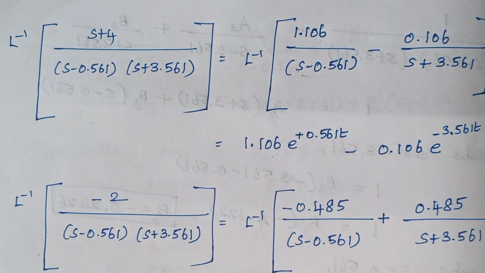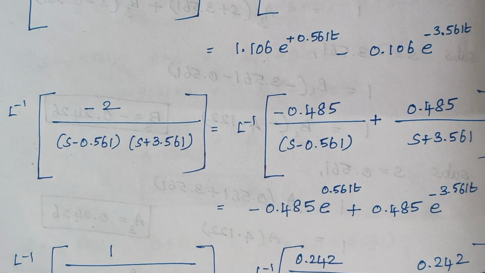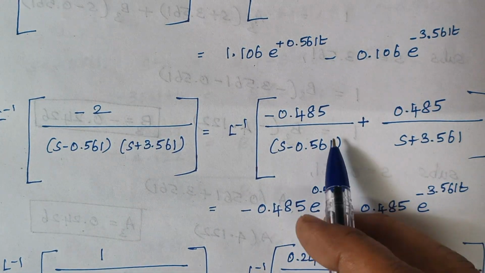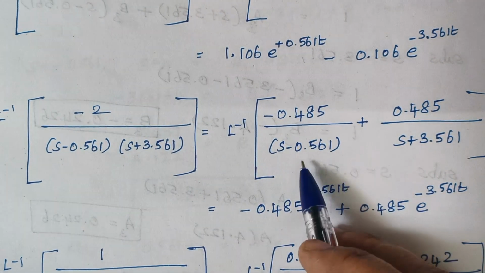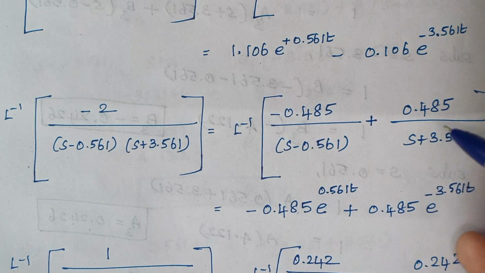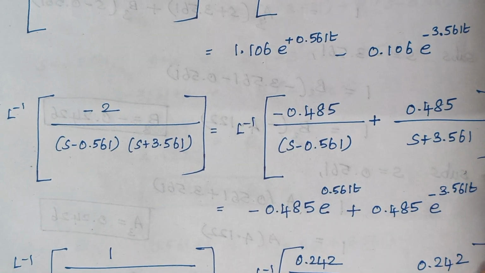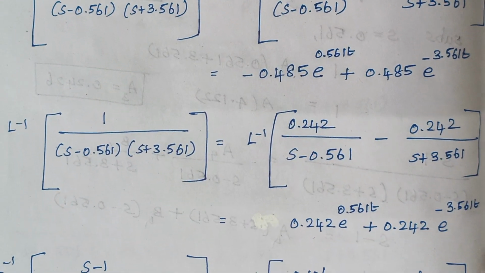Right. When you consider the second term, again when you take inverse Laplace here, the same thing, minus 0.485 e to the power 0.561t and again 0.485 e to the power minus 3.561t. Right. Similarly, you just solve for all the terms.